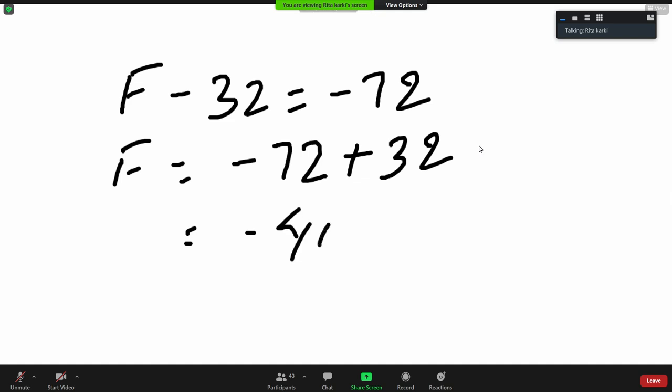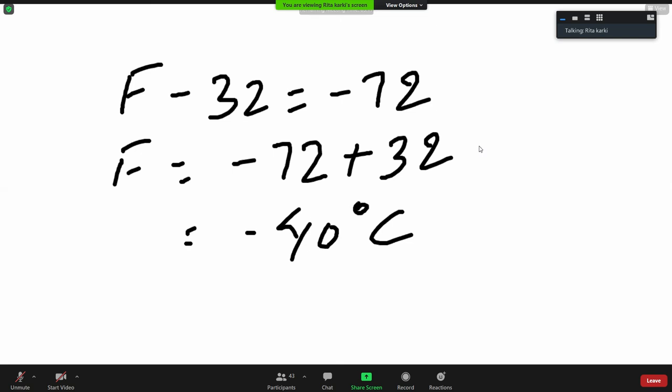Minus 40 degree centigrade is equal to minus 40 Fahrenheit. Minus 40 degree Fahrenheit is equal to minus 40 degree centigrade and vice versa.